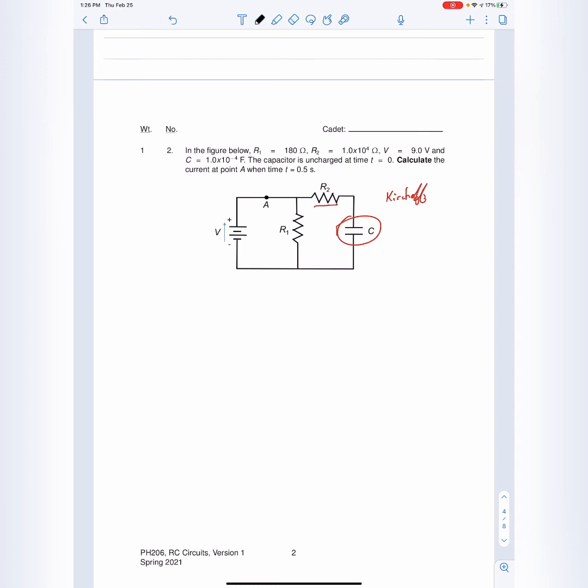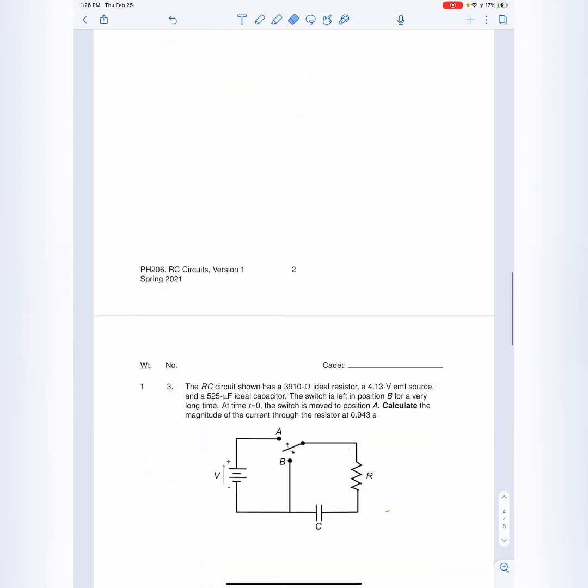However, for purposes of practicing Kirchhoff's, this is actually a pretty easy problem if you just tackle it with Kirchhoff's loop rule, or by understanding that current 2 changes over time, and current 1 does not, because current 1 is not stuck by any capacitor. Okay? All right, moving on.